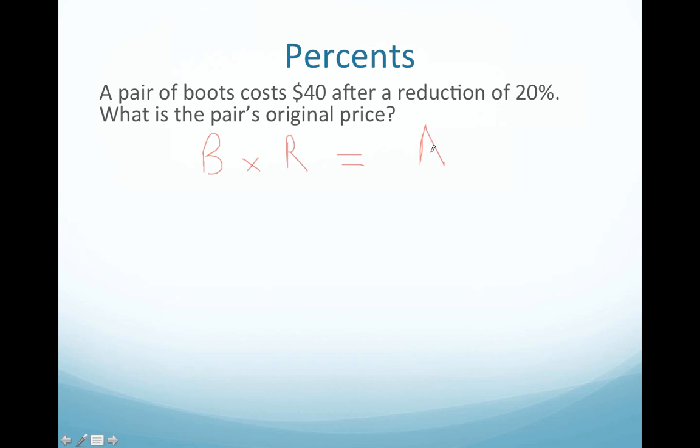And then I'm going to put in the information that I already got. Okay, notice how I'm setting up. I'm using the formula like a table, and I'm just setting it up because I'm going to fill in what I got. Okay, I know what my rate is. My rate is 20%.